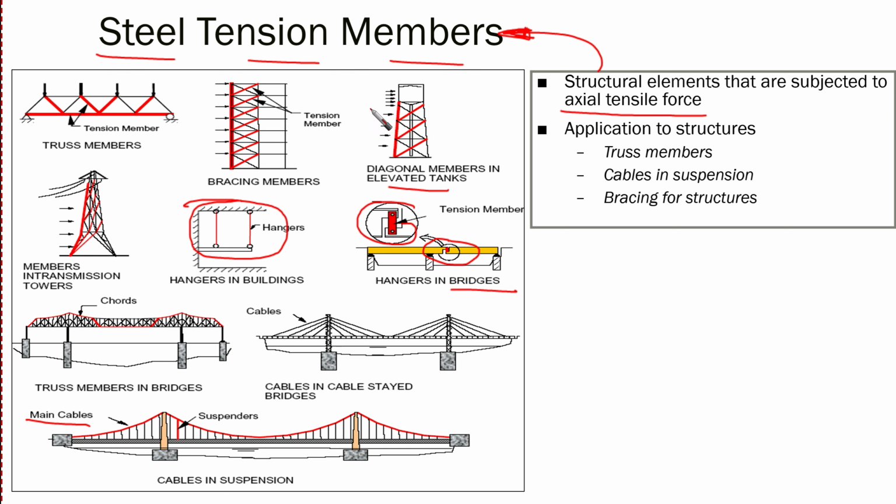Only pure tension. The member should always be undergoing tensile stresses, with forces pulling on both sides. Applications to structures, as we said, are truss members, cables in suspension, and bracing for structures.